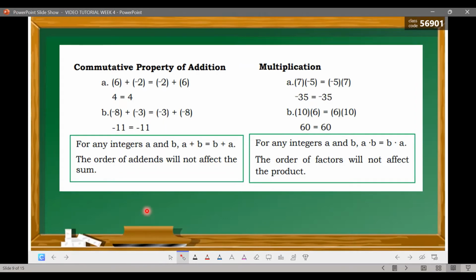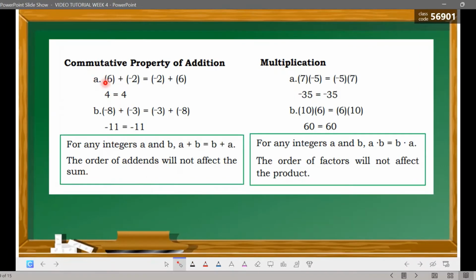Commutative property of addition. Okay, so for any integers a and b, a plus b is equal to b plus a, the order of addends will not affect the sum. Okay, so hindi daw maapektuhan yung sum kapag iniba natin yung order ng addends. Let's have the example letter A. 6 plus negative 2 is equal to negative 2 plus 6.